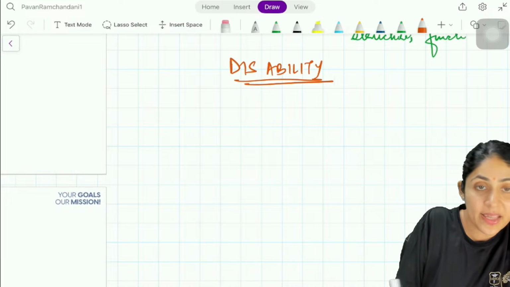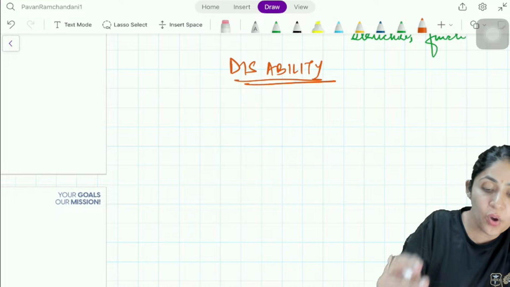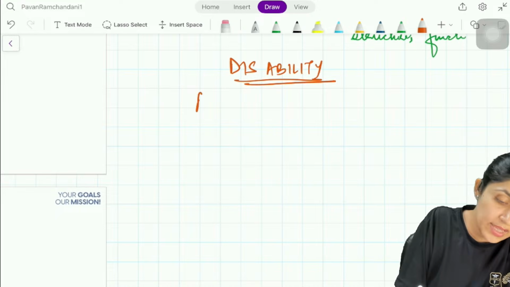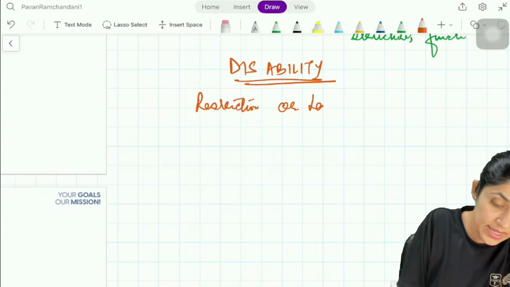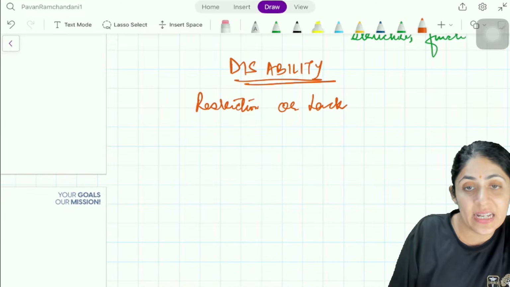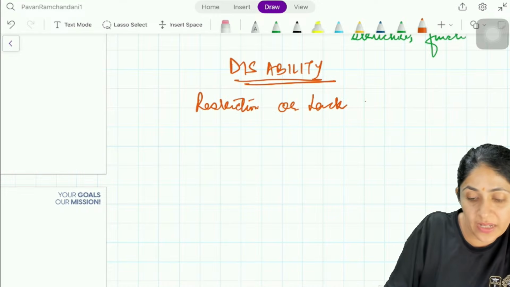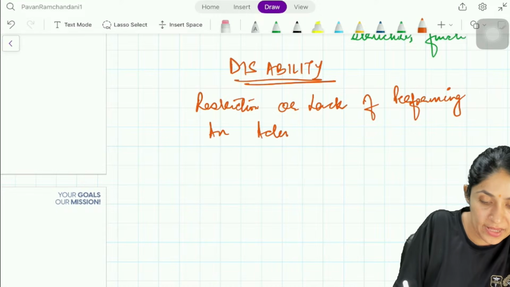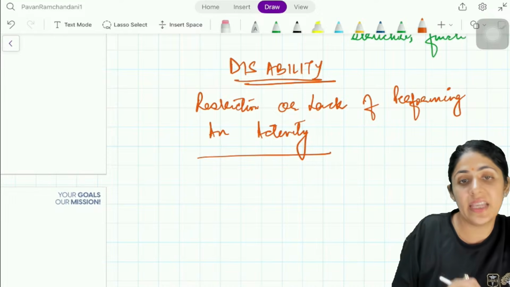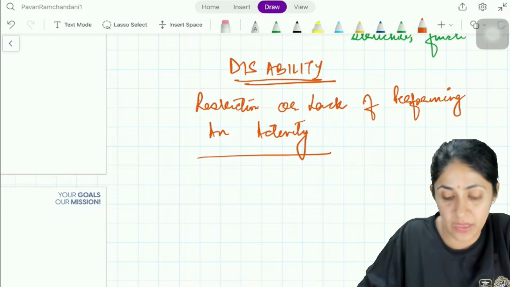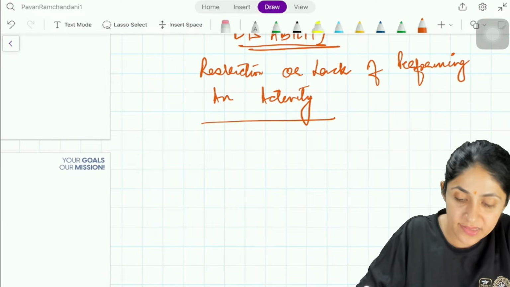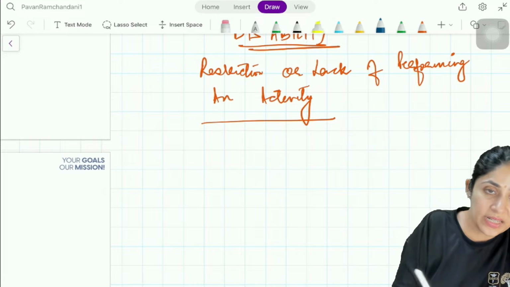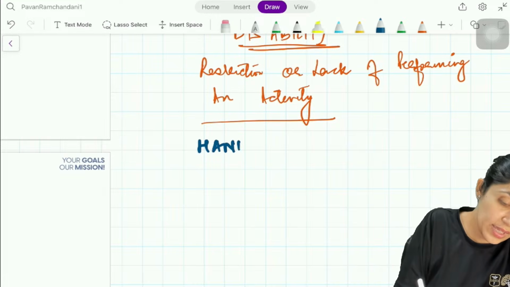Disability is that because of the impairment there is some restriction or lack of performing an activity. A person is not able to perform an activity which is considered normal. That is disability. Coming to the next is handicap.